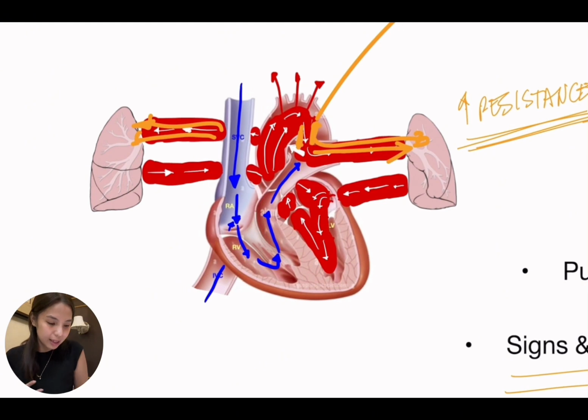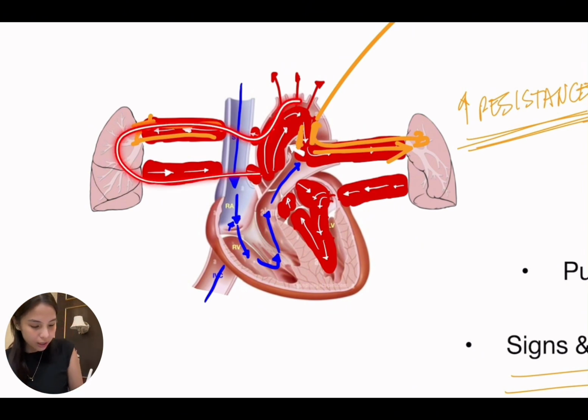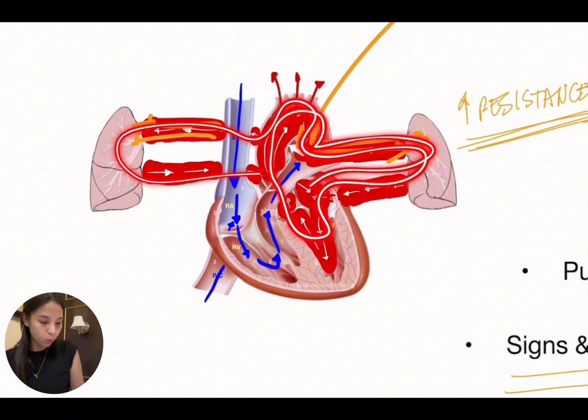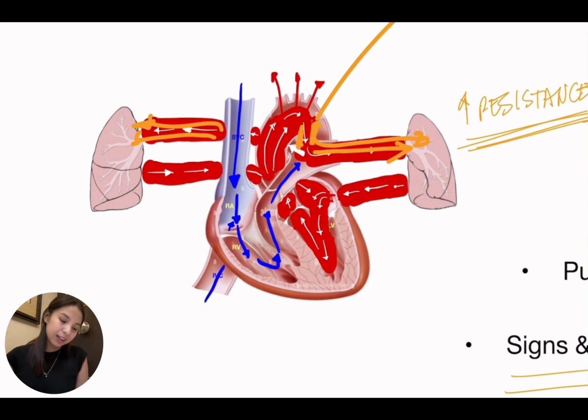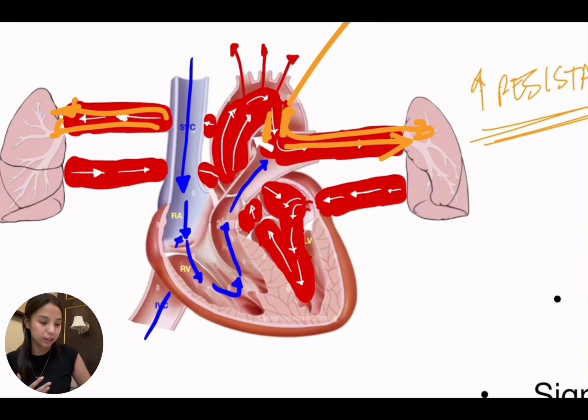All right. Now take a look at this. One perspective is that there is too much blood brought to our lungs, too much blood flow in our pulmonary circulation.